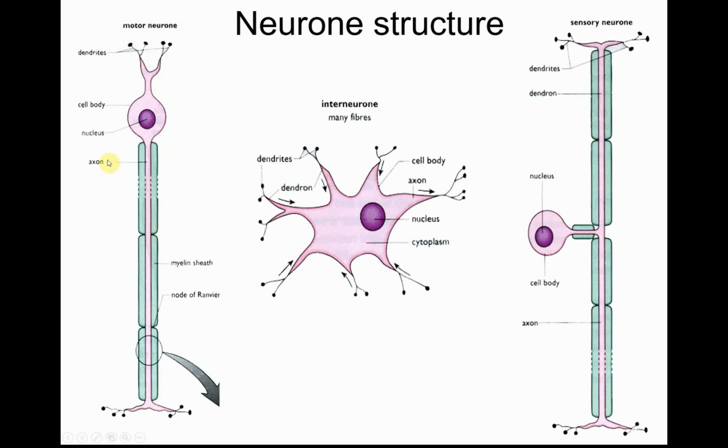So axons always go away from the cell body, and they're carrying the action potential down the axon to this end, and this is where you'd have effectors. This is where muscles and glands are, so different types of muscle, like skeletal muscle, which is voluntary, smooth muscle, like you have around your blood vessels and your digestive system, cardiac muscle, and also all your glands that do secretions, that are attached to the nervous system.